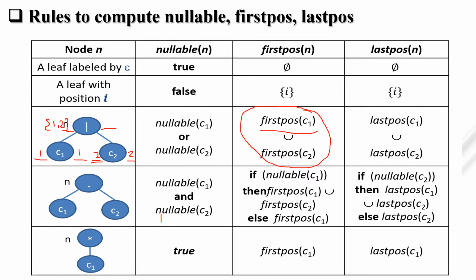Similarly, the last position of this OR operator is last position of C1 union last position of C2, so here also the answer is 1 and 2. All these rules we are going to learn in the example.